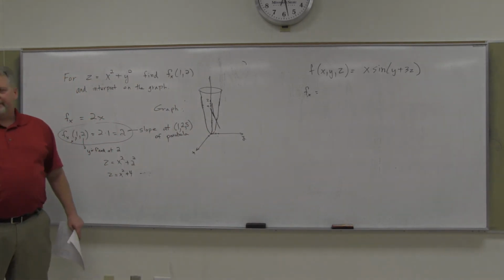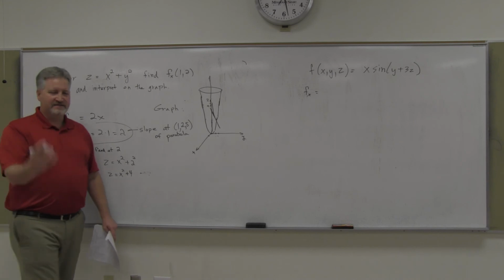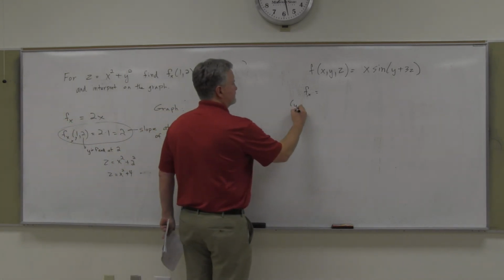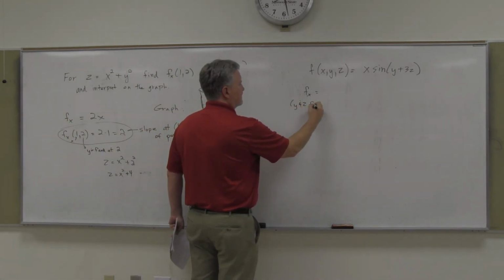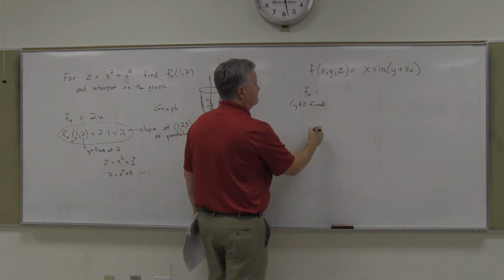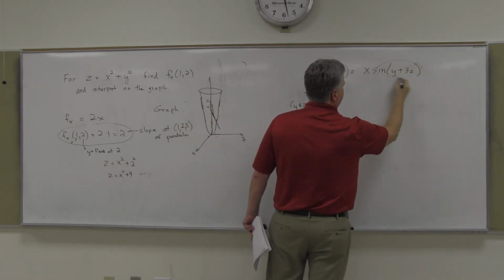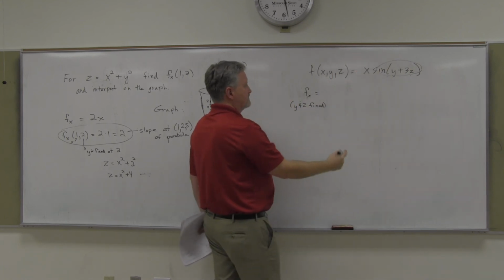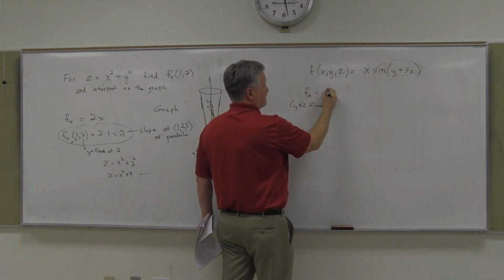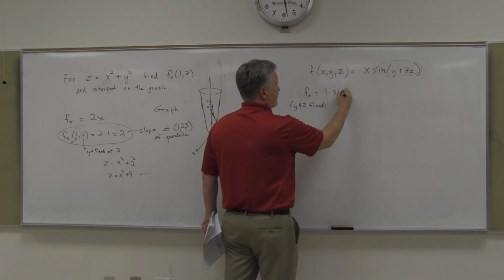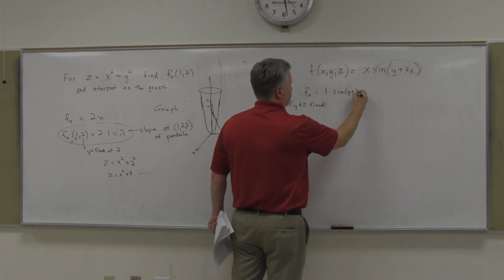If I'm doing the partial with respect to x in that case, the y and the z are fixed. And so here, since y and z are fixed, this whole thing is just a constant. And so the derivative with respect to x would just be 1 times sine of y plus 3z.